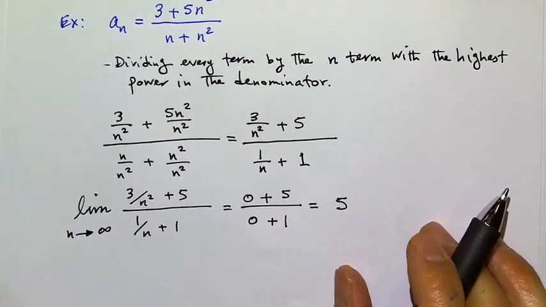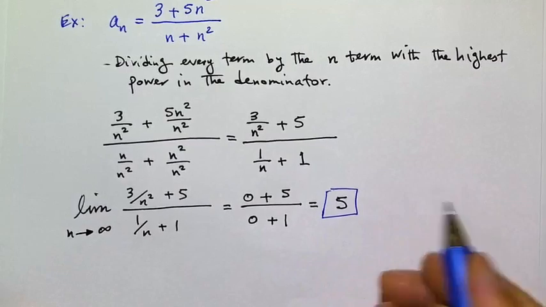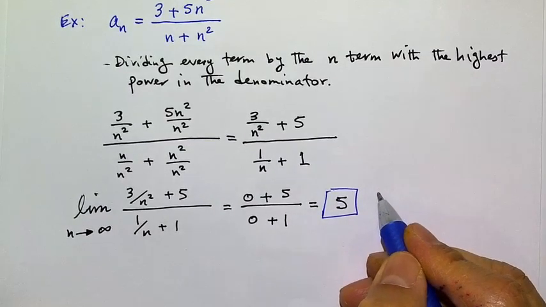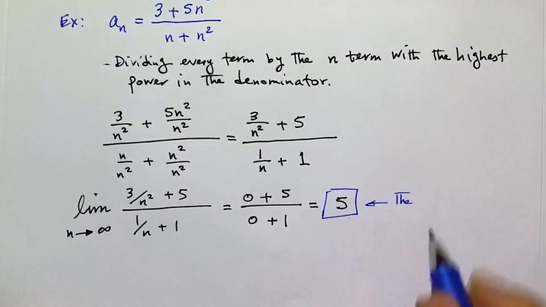So the sequence has a limit and it converges. The sequence converges to 5.